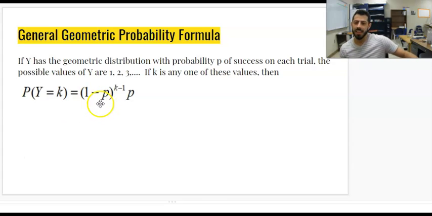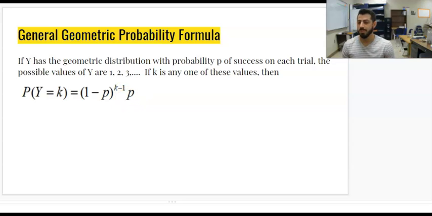What this is saying is that the first 2 don't, and then the third one will. So 0.75 times 0.75, so K is 3 in this case, so 0.75 to the second power times 0.25.